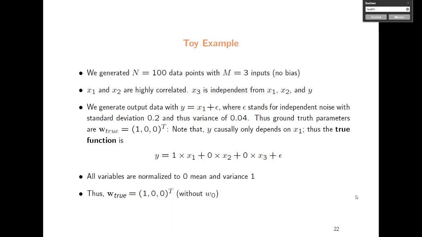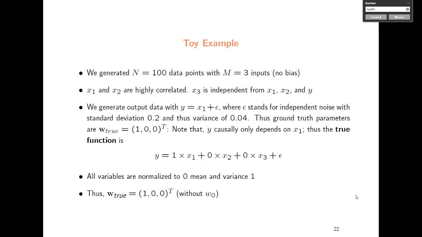I generated output data y as x1 plus epsilon, where epsilon is independent noise with a standard deviation of 0.2. The variance is then the square of that, 0.04. Thus the ground truth parameters, W true, are 1, 0, 0.